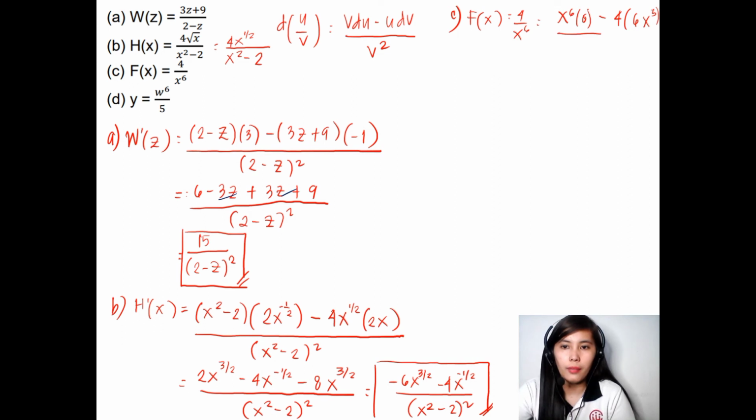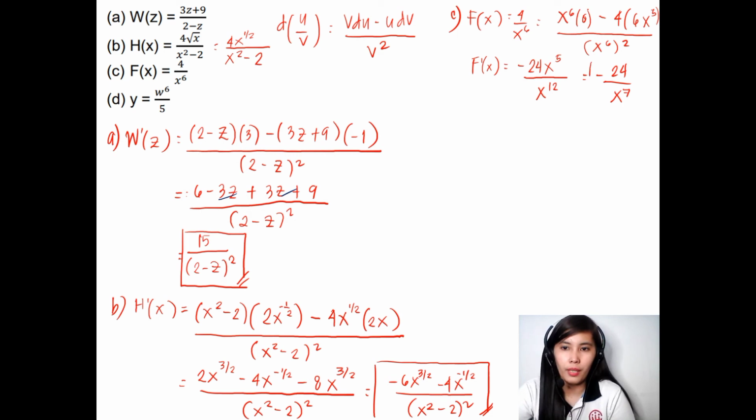Then v squared, that is x raised to 6 squared. So f prime of x is equal to negative 24x raised to 5 over x raised to 12. Therefore, this will be negative 24 over x raised to 7.